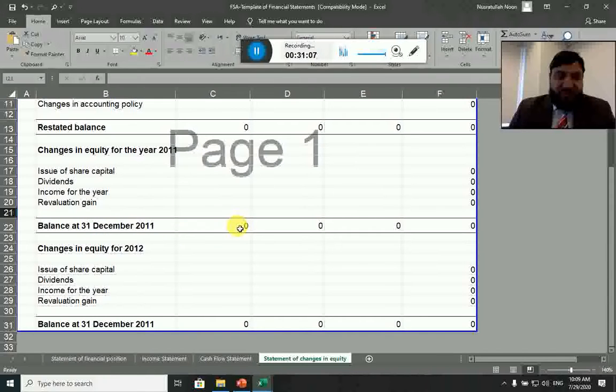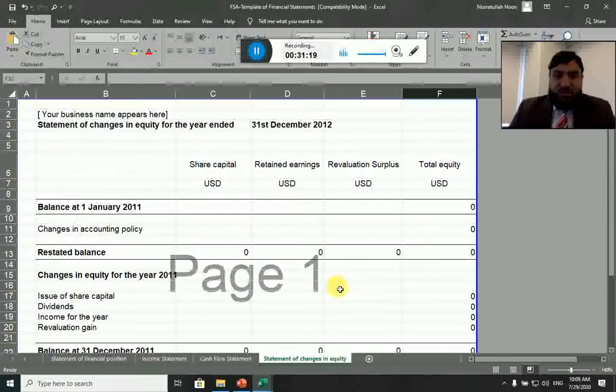Balance at 31st December, then changes in equity, and then balance at 31st December. You can see 4 of them are added, right? So this is how a changes in equity statement is prepared.